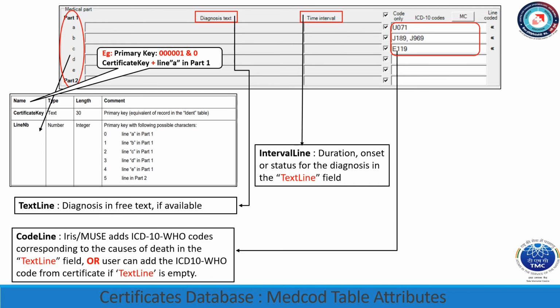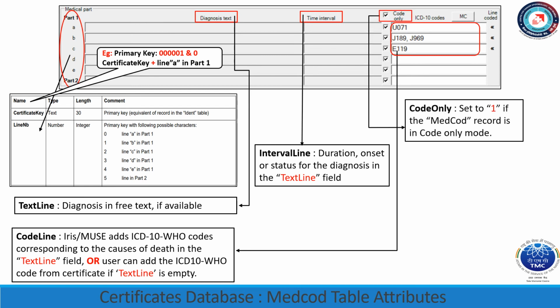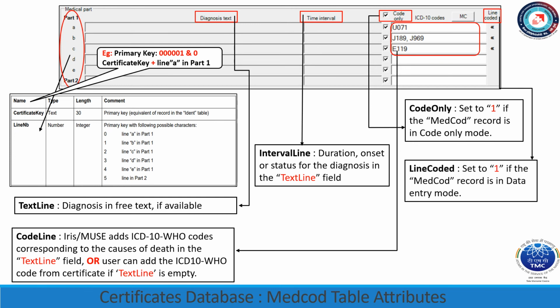They can be added by the user or through Muse if the text line field has valid diagnosis text stored in it. Code only field is set to 1 if the MedCod record is in code only mode, and line coded field is set to 1 if the MedCod record is in data entry mode.